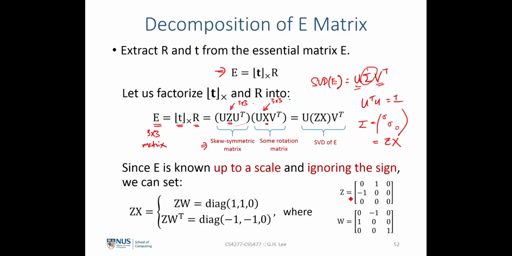And when we multiply these two together, Z multiplied by W, we'll get a diagonal of 1, 1, 0, which is equivalent to this. Since it's known up to scale, this simply means that we can put unit scale in this particular diagonal singular value matrix over here. And we also do not know the sign. What this means is that the diagonal matrix could also be -1, -1, and 0. And this is simply given by Z multiplied by W transpose, where X equals to W transpose over here.